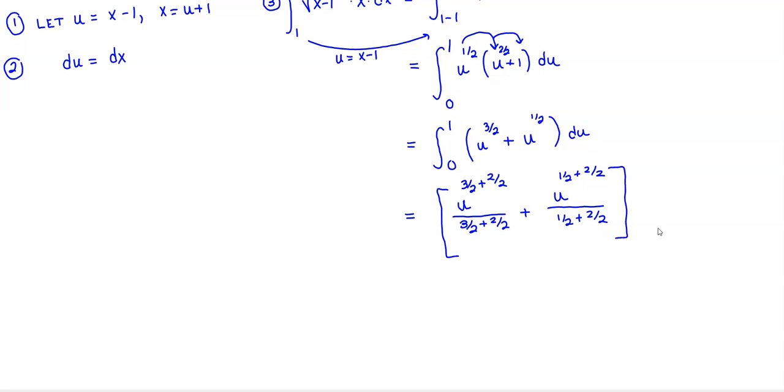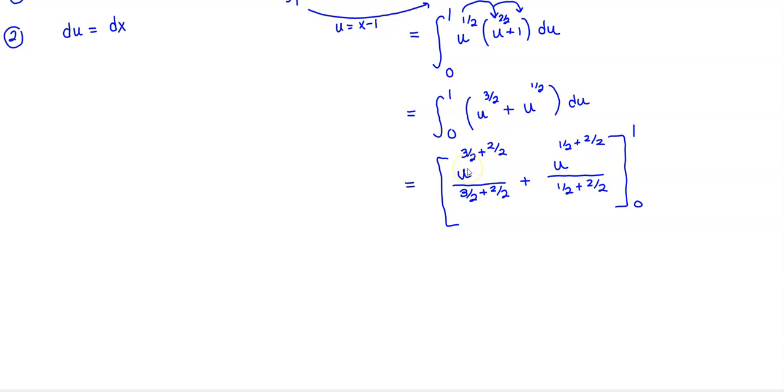And then we have the upper and lower limits from 0 to 1. If we simplify that a little further, we have u to the 5/2 divided by 5 over 2 plus u to the 3/2 divided by 3 over 2, going from 0 to 1.